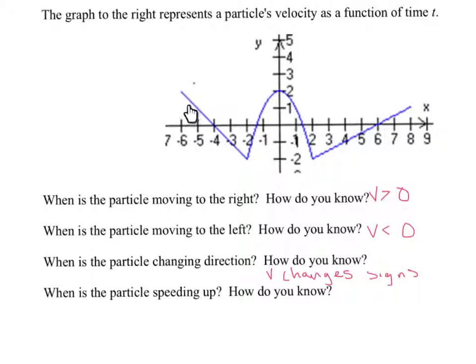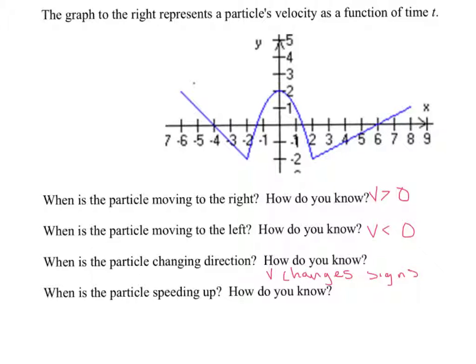Because of positive velocity, it's moving forward, then backward, so we change directions at -4. Then moving forward, so we change directions at -1.5. Then moving backward, so we change directions at 1.5. And then forward, so we change directions at 6. So those would be the actual points: -4, -1.5, 1.5, and 6.